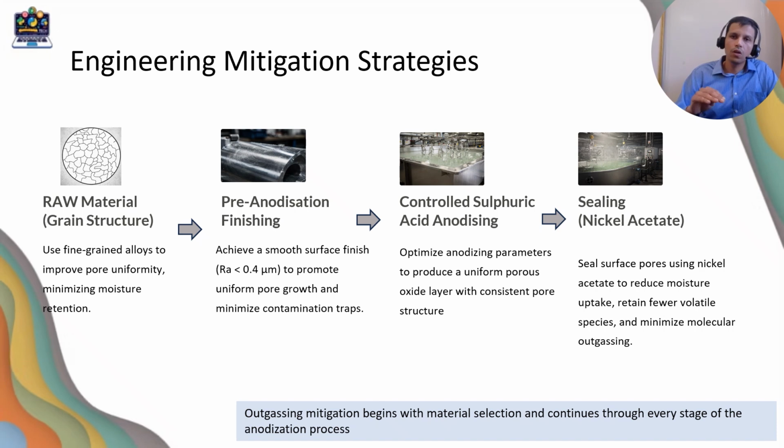Even while anodizing, try to control the process. Anodization is more vendor specific, but there are standards, mil-spec standards, to control it, though not all the parameters are specified, like what voltage and what temperature and time to use. It's more vendor dependent, but controlling the temperature, electrolyte chemistry, time and voltage will give more uniform pore growth.